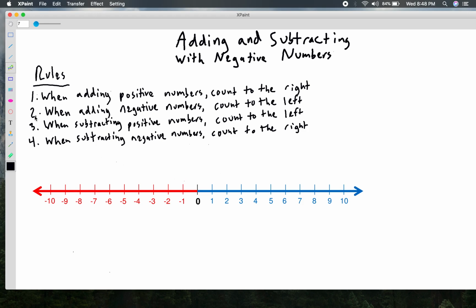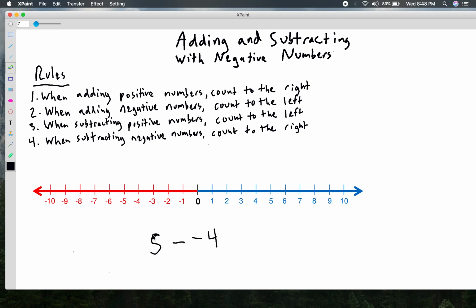All right, so let's start a little different. Let's do 5 minus negative 4. Okay, so 5 minus negative 4.